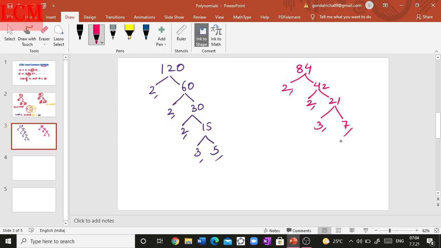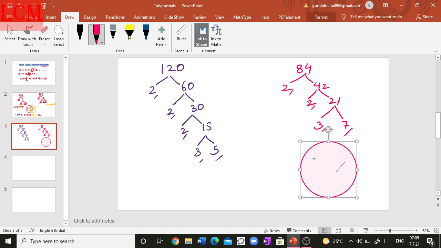Now let's group these prime factors. So if you want to group them, you will find that here the factors are 2, 2, 3 and a 7.